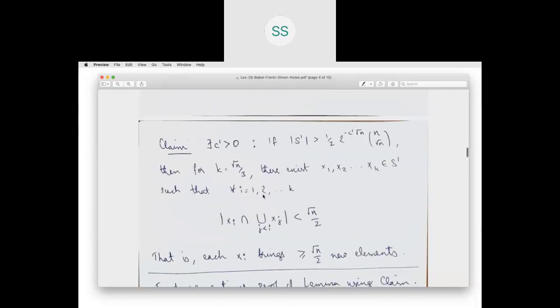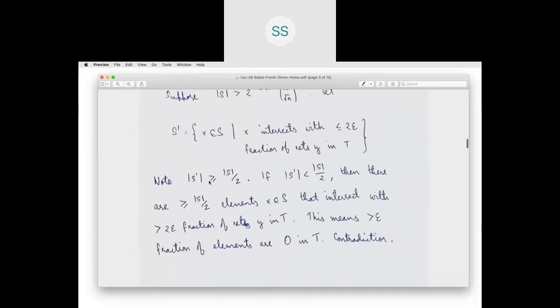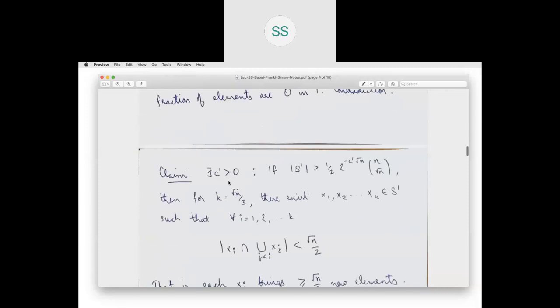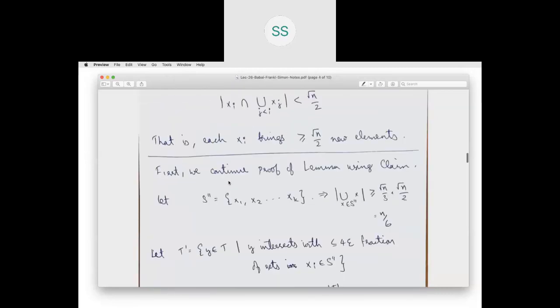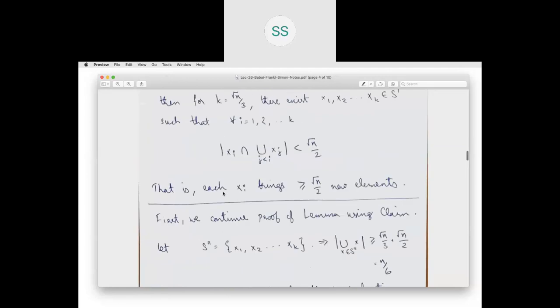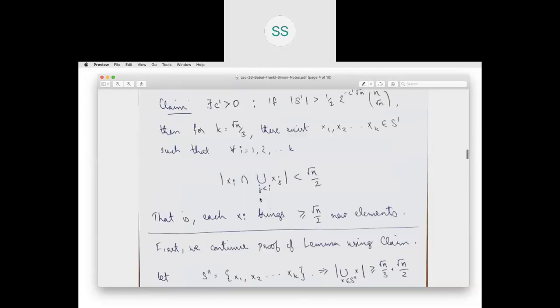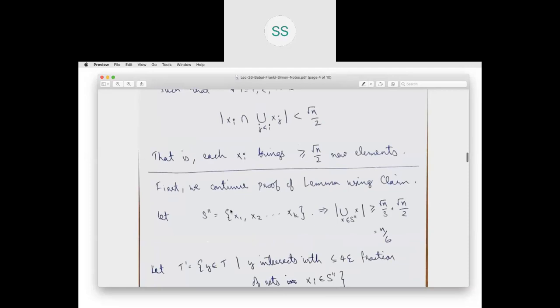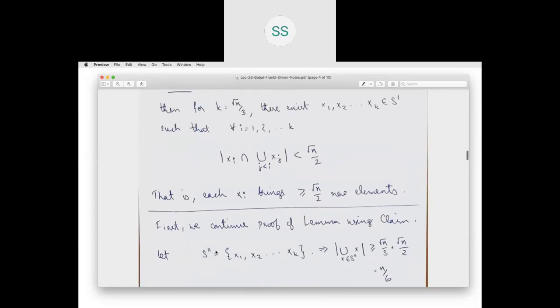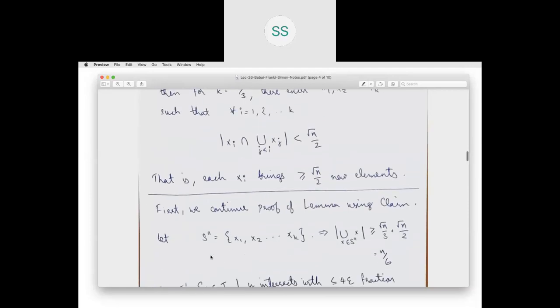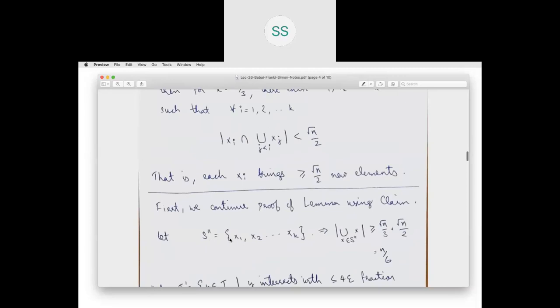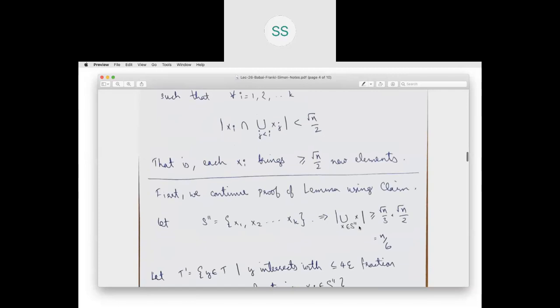So now, since S dash that we stated here has size at least S by 2, it contains, by the claim, I'm not going to prove the claim now, we'll prove the claim later, a subset S double dash, x1 to xk, such that if you take the union of these elements, each new x brings in square root n by 2 new elements.